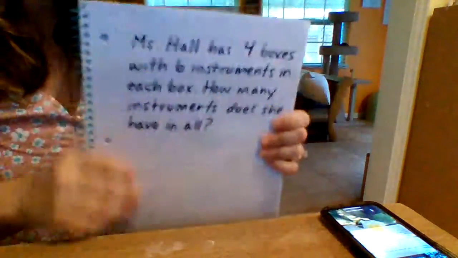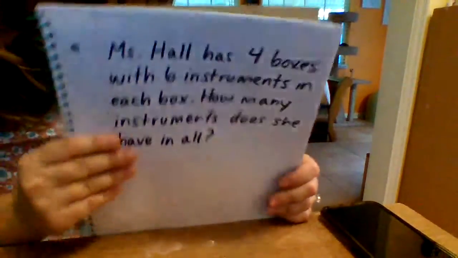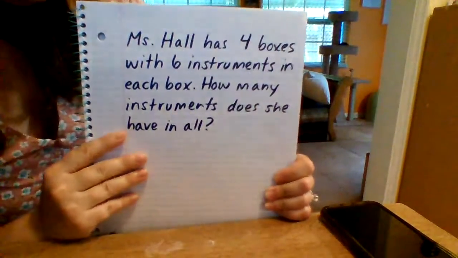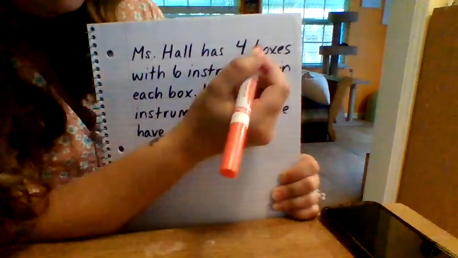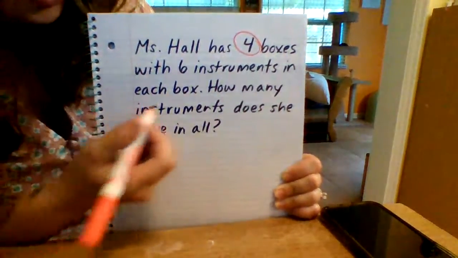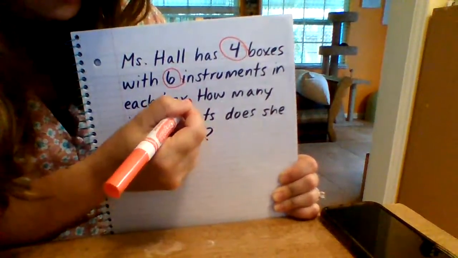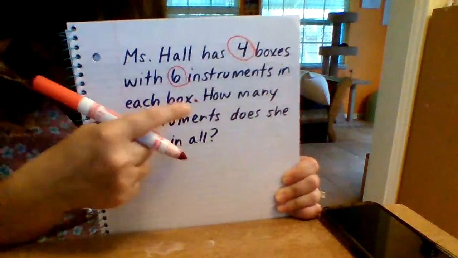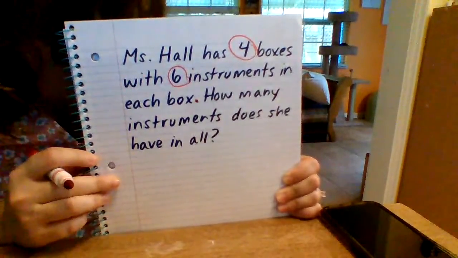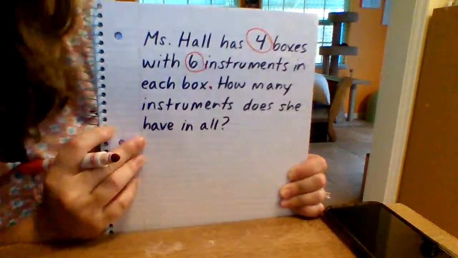You could check your work by skip counting by sixes or whatever. On the next page, I have a pretty straightforward word problem for you. This is going to look like some of the word problems you'll see today. It says, Miss Hall has 4 boxes with 6 instruments in each box. I always tell you, pause at the period and think about what you just read. Were there any key words in there? Let's read it again.